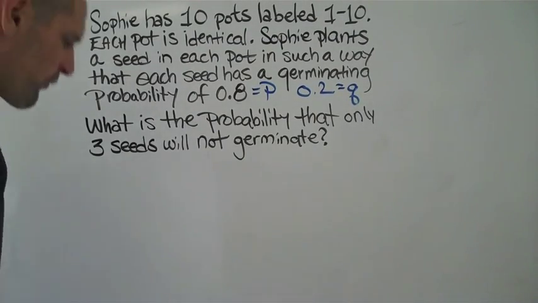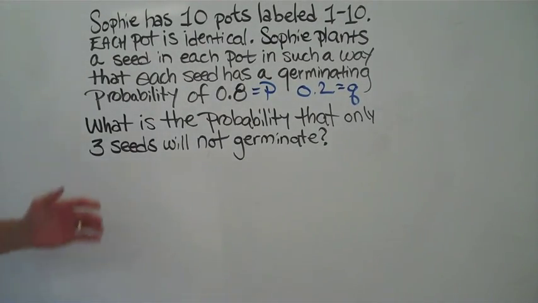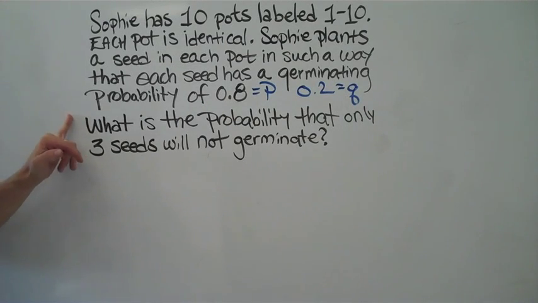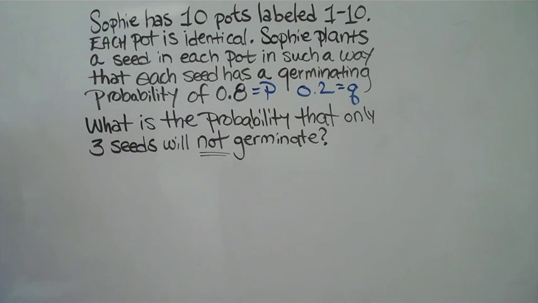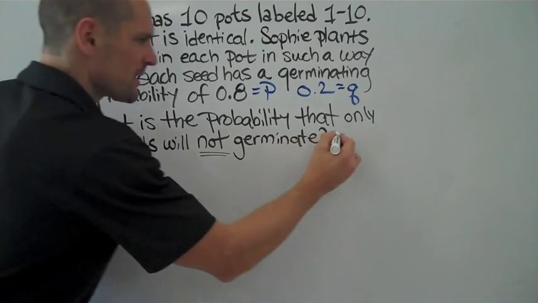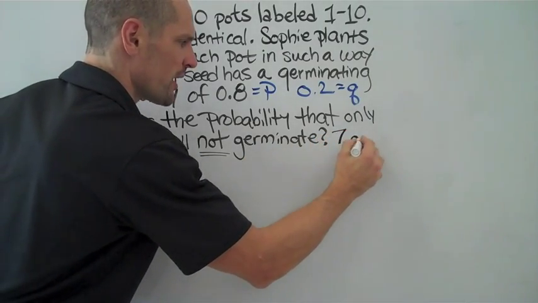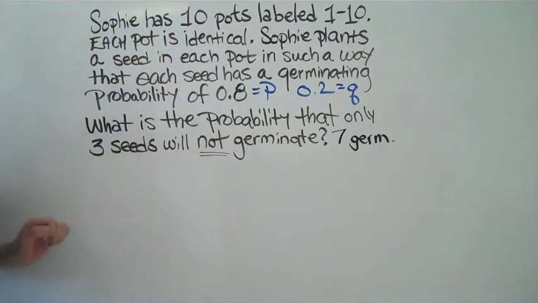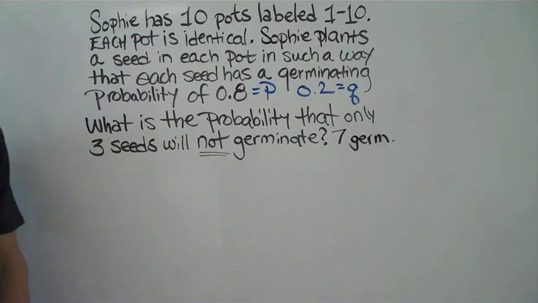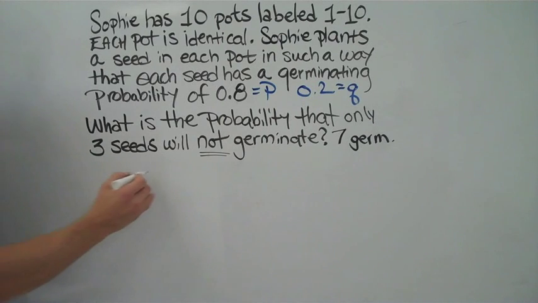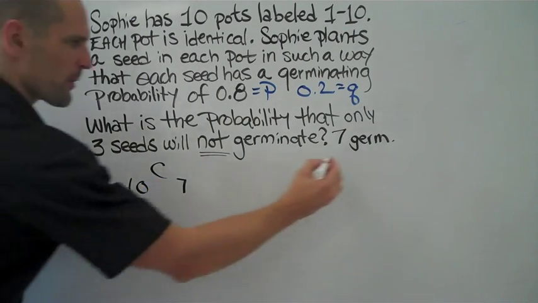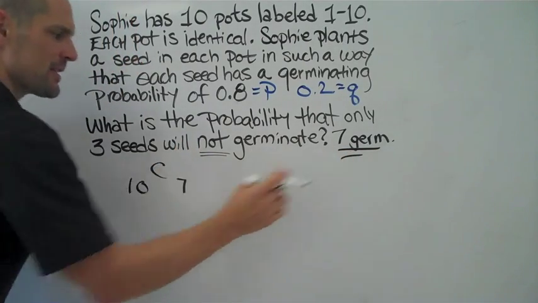Continuing on here with Sophie and her plants, we have now the question is, what is the probability that only 3 seeds will not germinate? Please read the question carefully. Well, if 3 seeds will not germinate, that means that 7 do germinate. And if we define P as the probability that they do germinate, that means we're going to have 10 trials, we have 10 different pots, and we're going to select 7 for them to germinate, because only 3 do not germinate, that means 7 germinate.